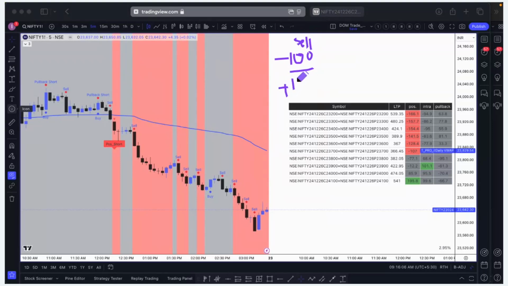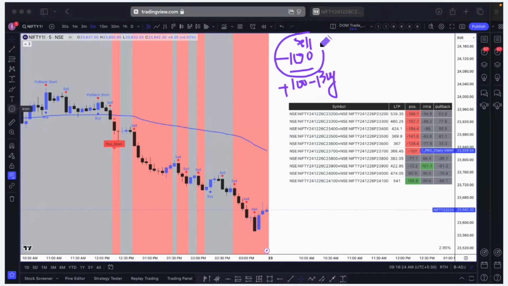Plus 100 is buy. Whatever column you are getting, whether it is intraday or positional. Positional means you are comfortable carry forwarding that particular strategy for the next day, not only focusing on intraday. So in both cases, below minus 100 is sell and above plus 100 is buy.